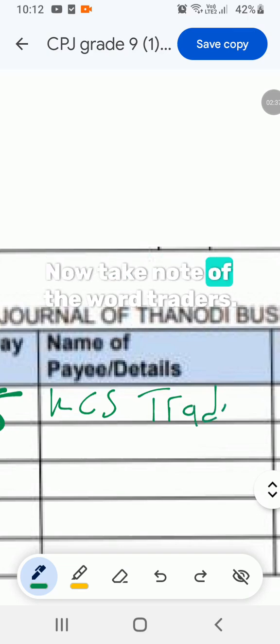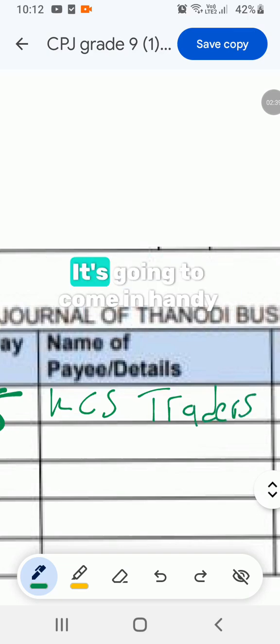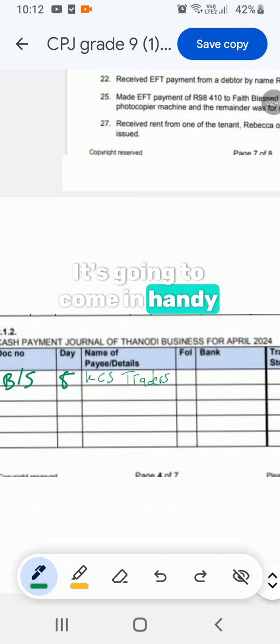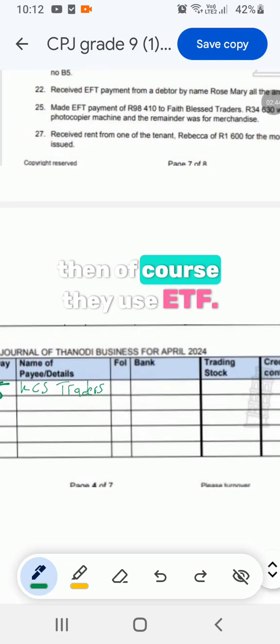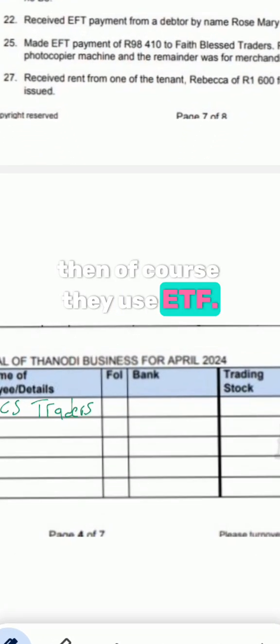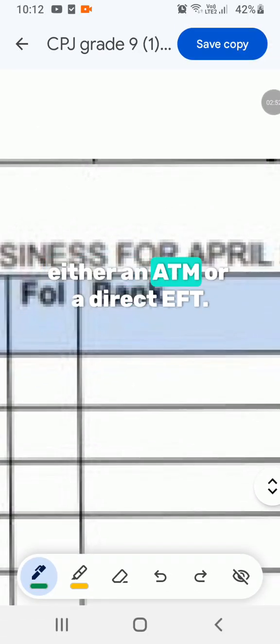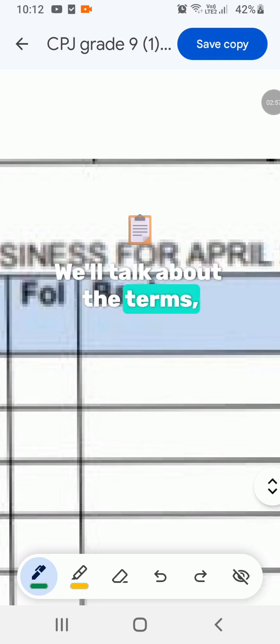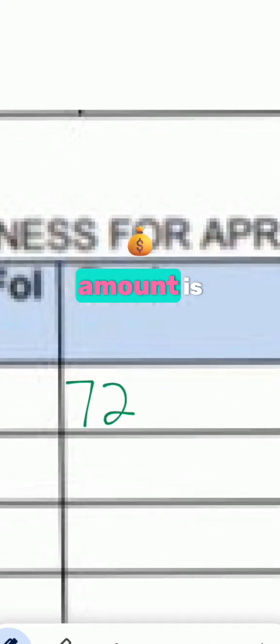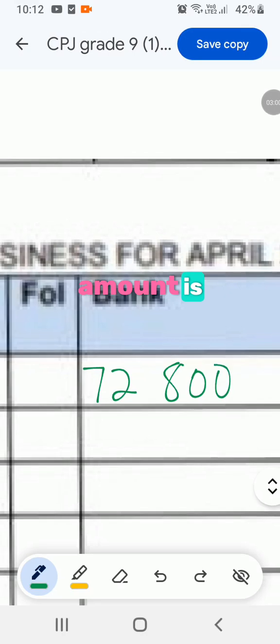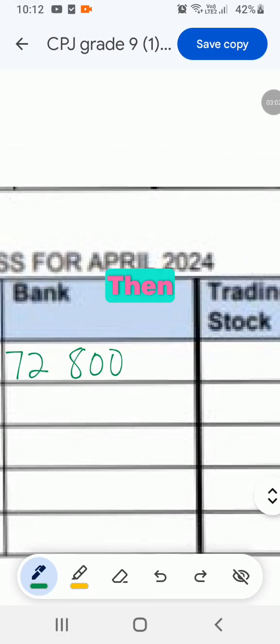Now take note of the word traders. It's going to come in handy later. And then of course they use EFT. This is some kind of electronic system that the bank uses, either an ATM or a direct EFT. We'll talk about the terms, of course. The amount is 72,800.